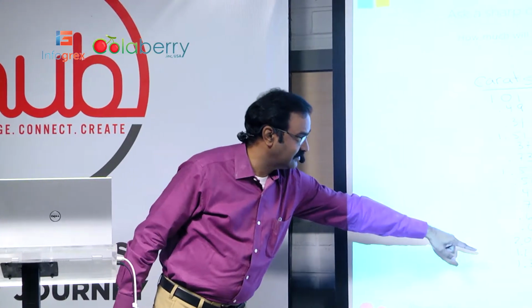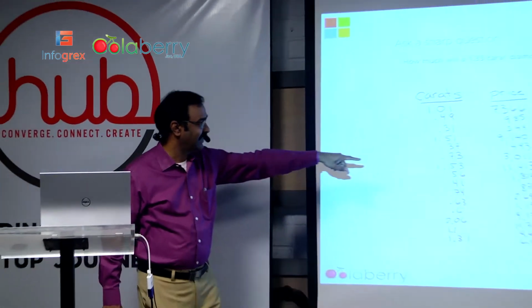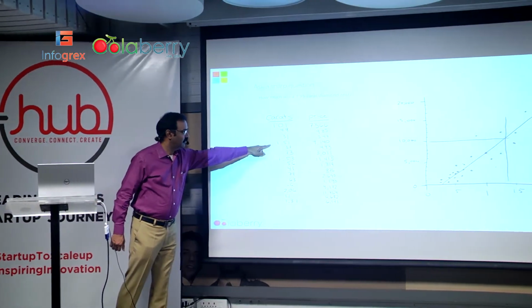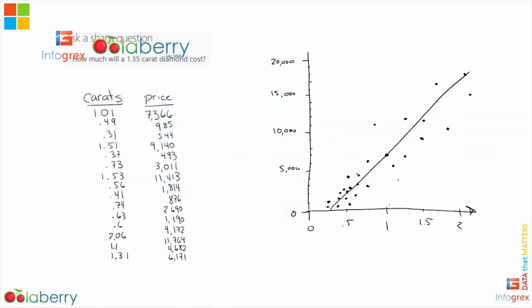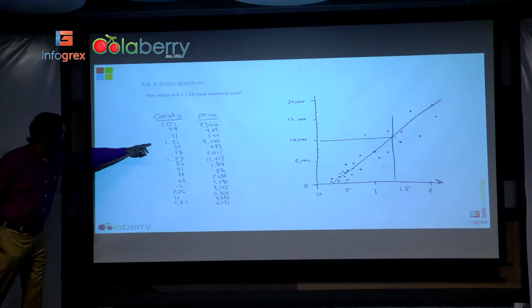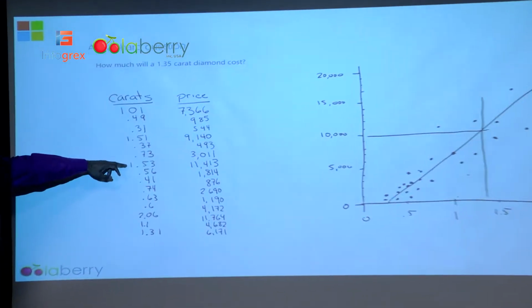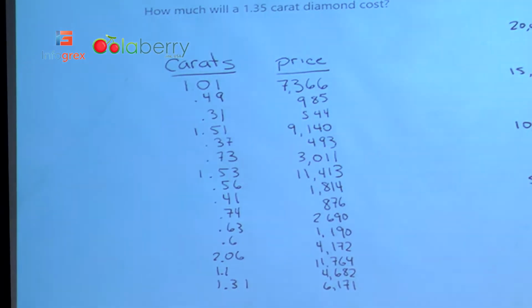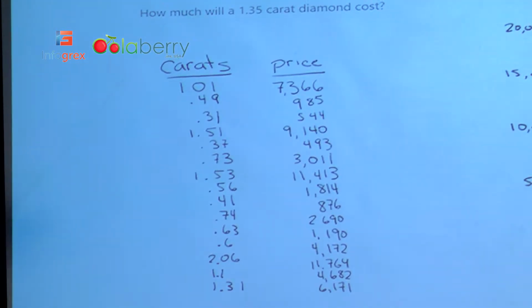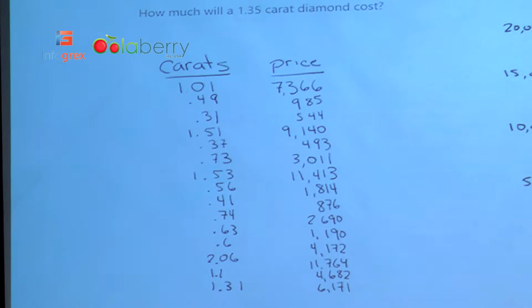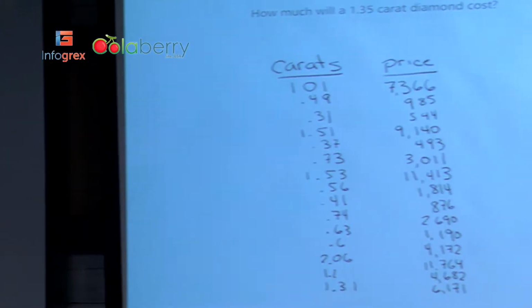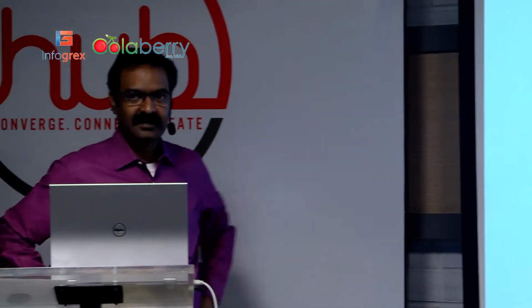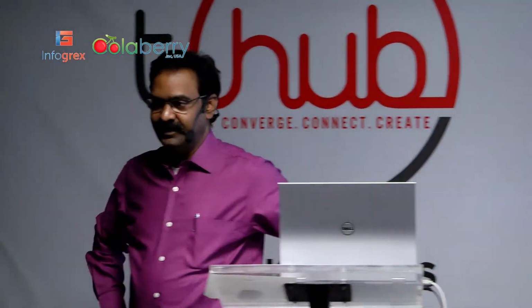If you look at this data, 1.35 is slightly lower than 1.51, and it is not that wide a gap. That is the reason you get something near 10,000. That's why you need to do linear regression.